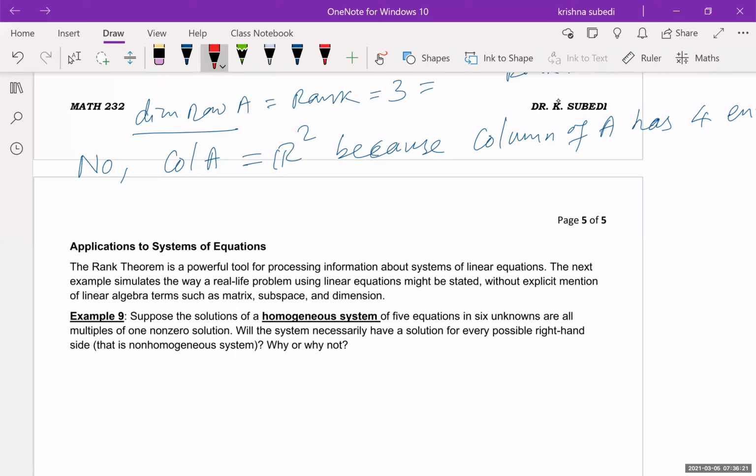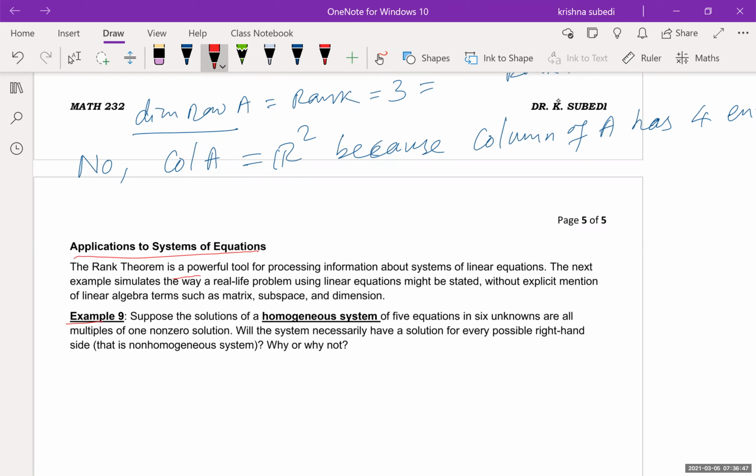Sometimes the rank theorem is really helpful to figure out whether the system has a solution or not. For example, look at this example 9, application to systems of equations. The rank theorem is a powerful tool for processing information about systems of linear equations.